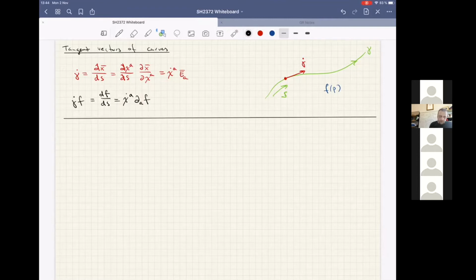Right. So that's also one way of actually defining vectors in a manifold, is to define them in terms of tangents to the coordinate lines in the same way. Any questions?